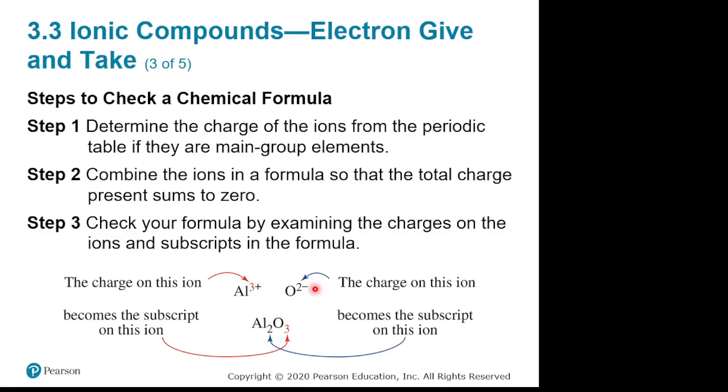Okay. So all we have to do here is we just get rid of that charge. We rewrite this down here. So Al and then O next to it. And then the number up here for the charge for the oxygen goes with the aluminum. The number up here, that's the charge of the aluminum, goes on the oxygen. Notice you're just cross multiplying. That's all you're doing. See that?